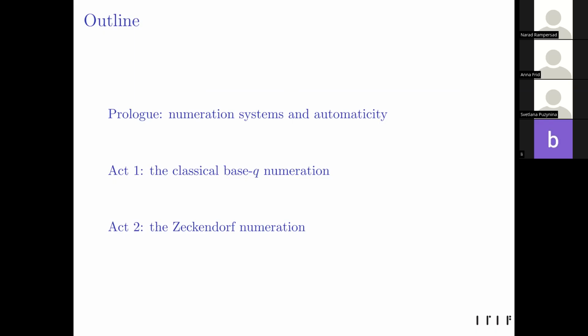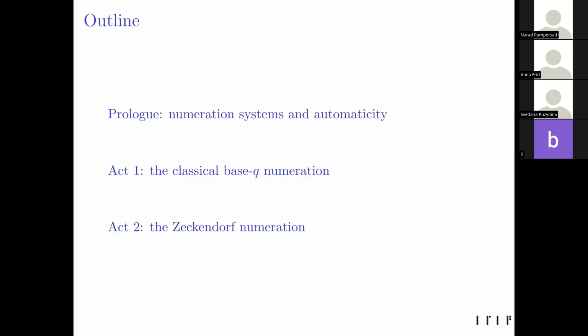Then there will be two parts, one on the classical base Q numeration, where we have a new way of translating the solution of a Mahler equation into a weighted automaton, and then we will apply these new techniques to the setting of the Zeckendorf numeration system. Okay, so let's go on.